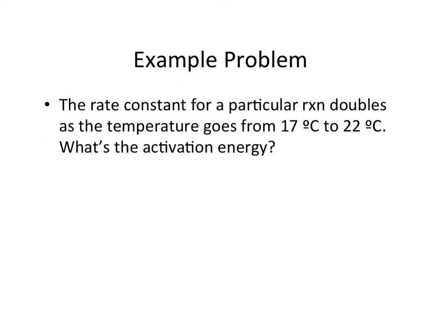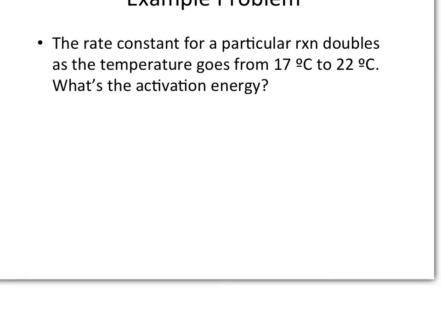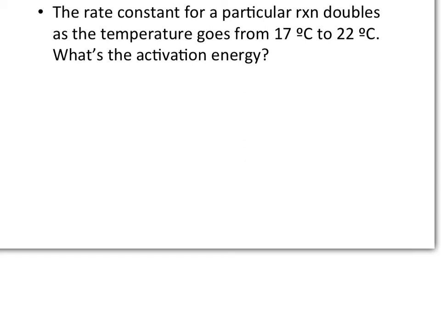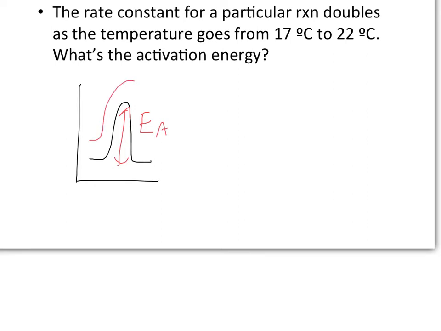So how do we calculate the activation energy from this? And the activation energy, remember, that's the barrier to the reaction. And so the higher the barrier is, the slower the reaction is. The hotter the temperature, the more likely you can go over the barrier. So we can plug into our equation that we just derived on the last slide.